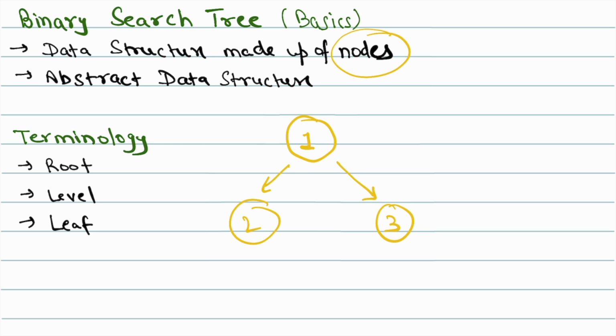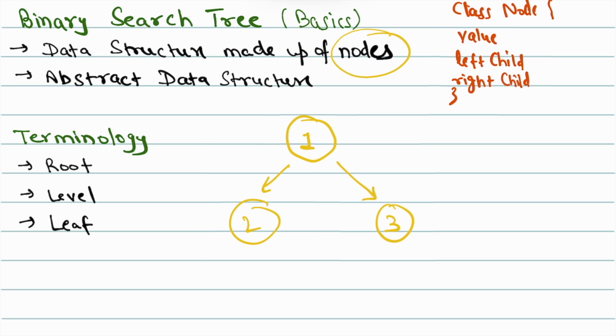I'll write it in terms of a program so that we can understand it better. You can imagine it as a class Node which has three properties. One is value, second is a left child, and third is a right child.